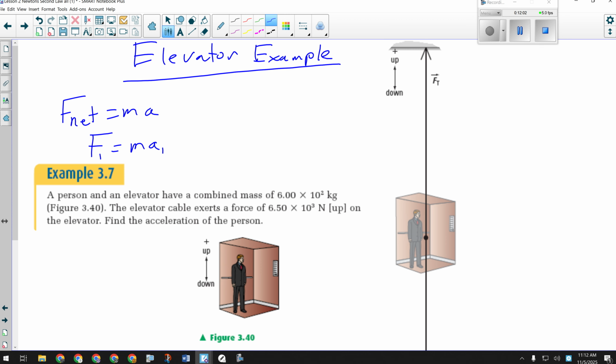That is, if that was the only force acting, here's the acceleration that it would produce. That is why on your formula sheet you have this formula: the force of gravity is mass times the acceleration due to gravity.